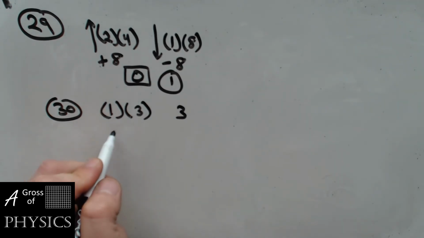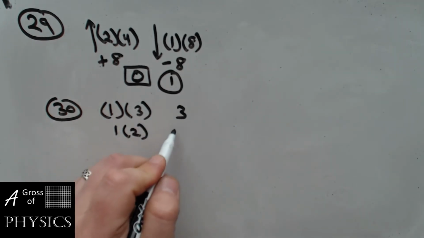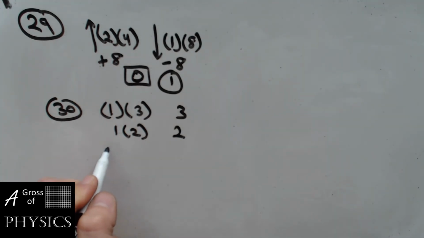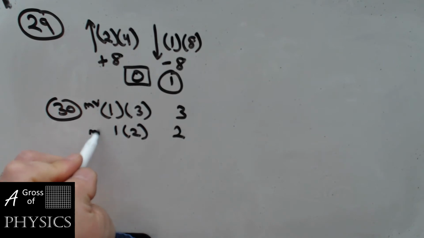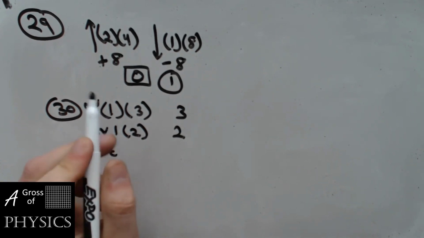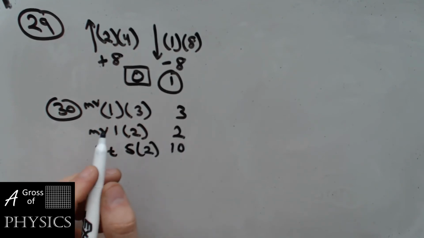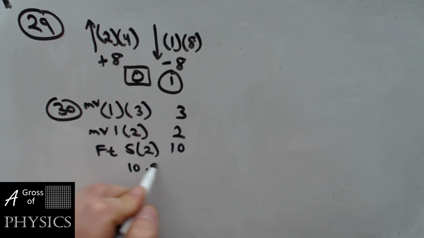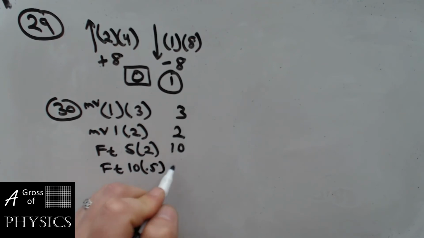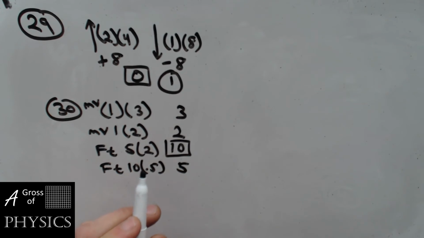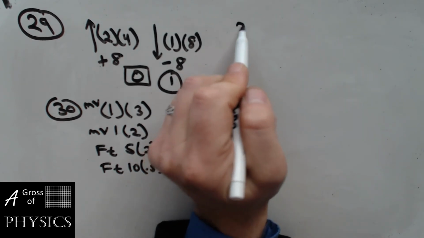Accelerating from 2 to 4, so 1 times 2 is 2. Net force for 2 seconds. So now we're doing the F delta T. So these are MVs. Now we have an FT. 5 times 2 is 10. And then we have a 10 times 0.5, also an FT, which is 5. So biggest change is going to be 3. Remember, change in momentum is also known as impulse, and we can use any version of the impulse equation to calculate it.